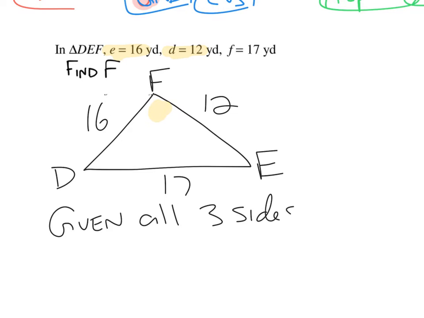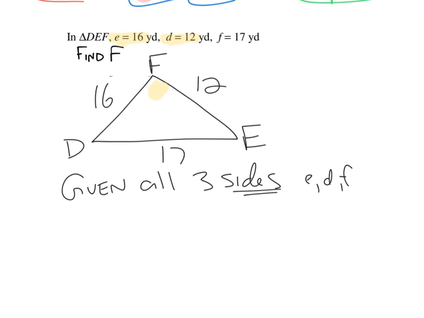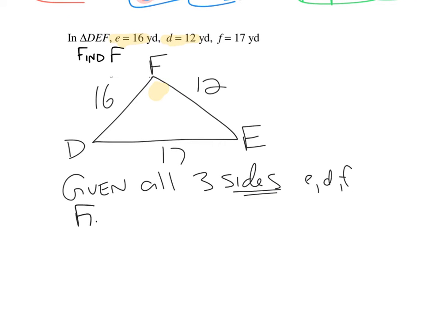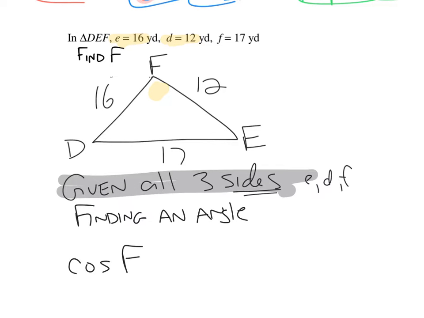And this is another scenario when you are given all three sides. Remember, sides are always lowercase. So here we're given E, D, and F. And we're finding an angle. Specifically, we're finding angle F. So I'm going to write this as the cosine of F. So this is the law of cosines. You use it when you're given all three sides.